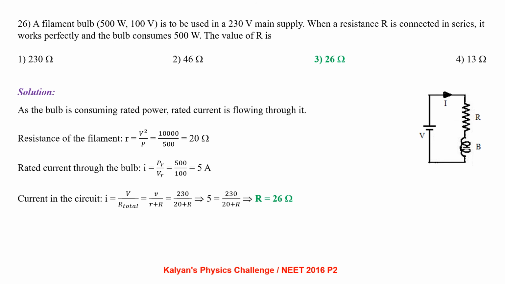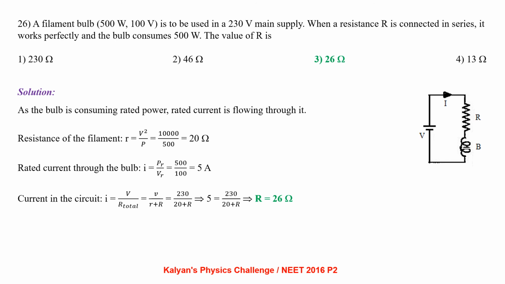The rated current is given by I = P_rated / V_rated, that comes out to be 5 ampere. The resistance of the filament of the bulb is given by R = V²/P, that is 20 ohm.